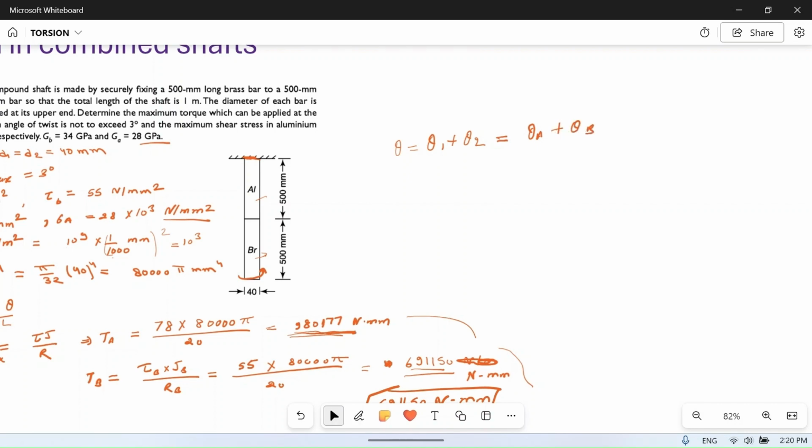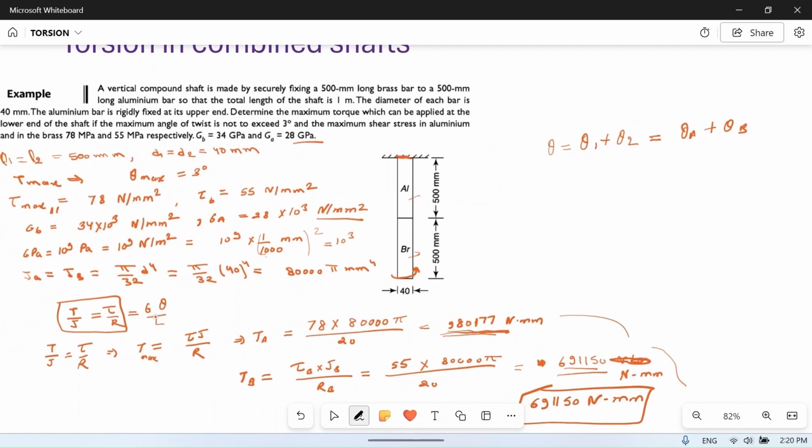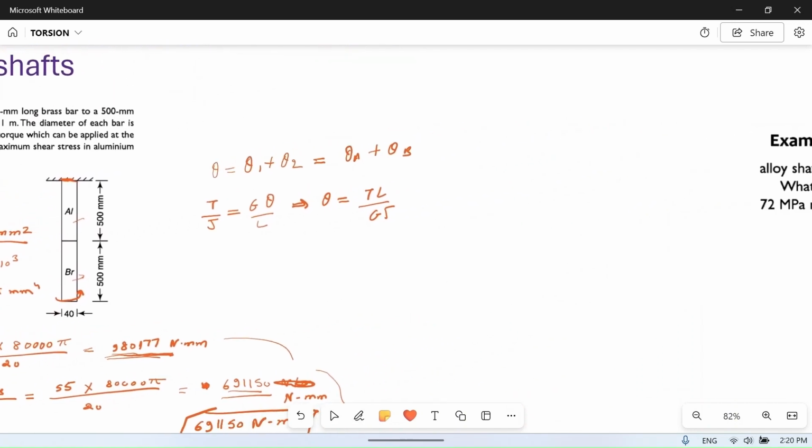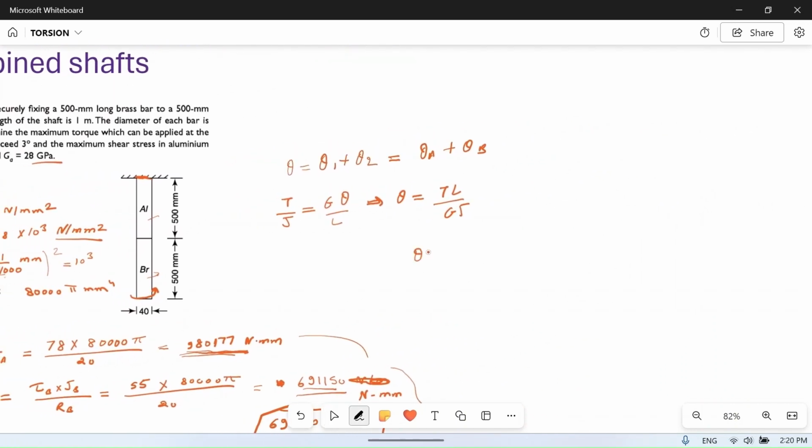Now from our equation, T by J is equal to G theta by L. So our theta is TL by J. So total theta is equal to theta aluminium plus theta brass, TA LA upon GA JA plus TB LB upon GB JB.